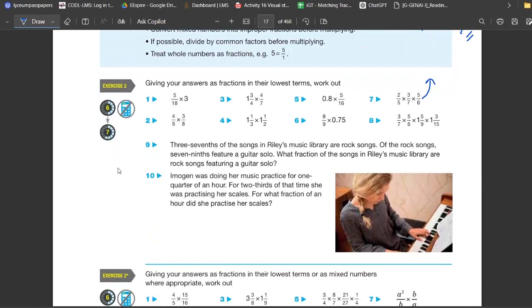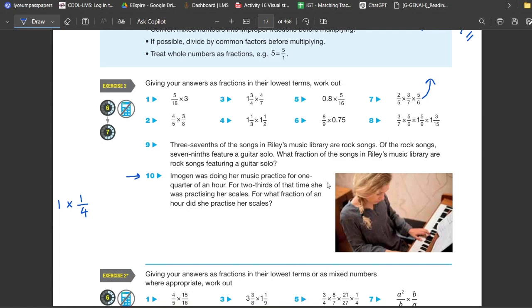So let's check this 10th question. Morgan was doing her music practice for 1/4 of an hour. For 2/3 of that time, she was practicing her scales. Okay, so 1/4 of an hour. Quarter means 1 over 4 of 1 hour.